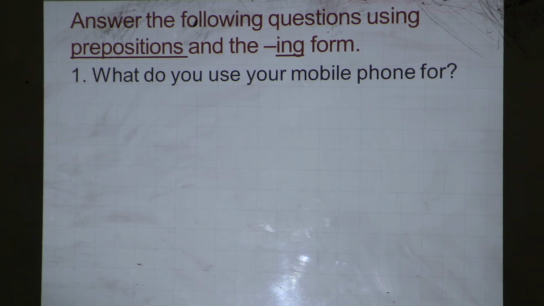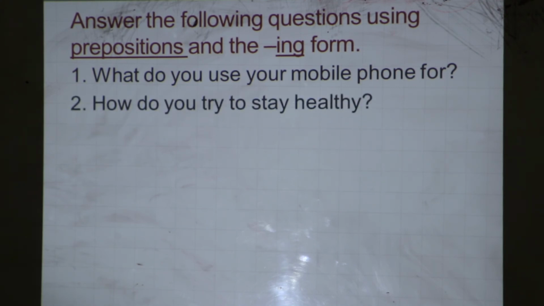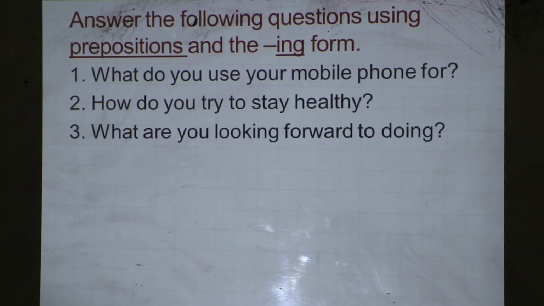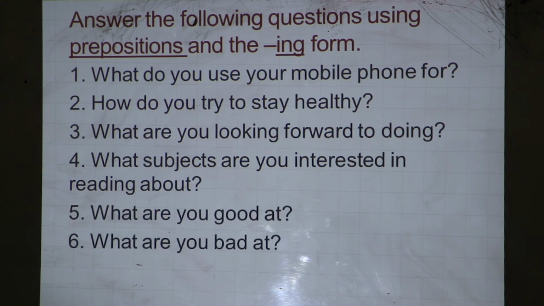Number 2, how do you try to stay healthy? Number 3, what are you looking forward to doing? Number 4, what subjects are you interested in reading about? Number 5, what are you good at? And number 6, what are you bad at?